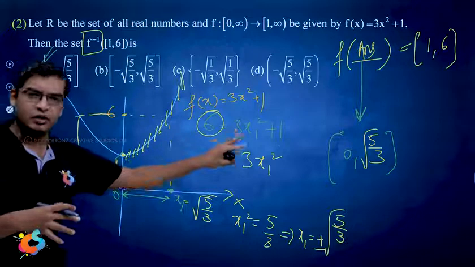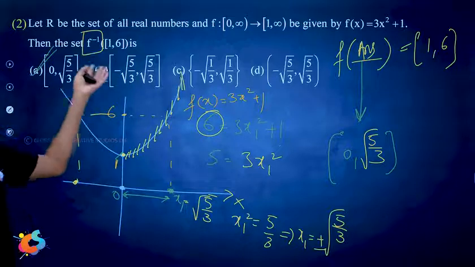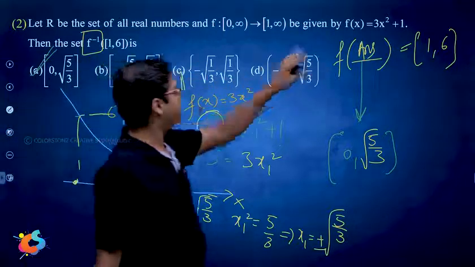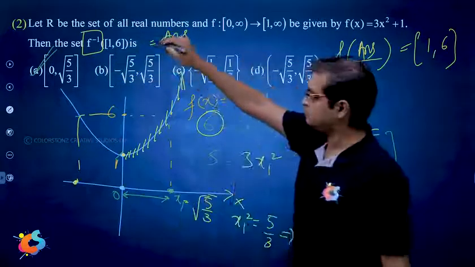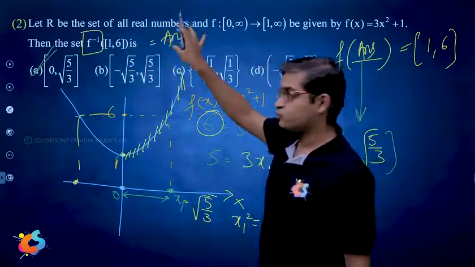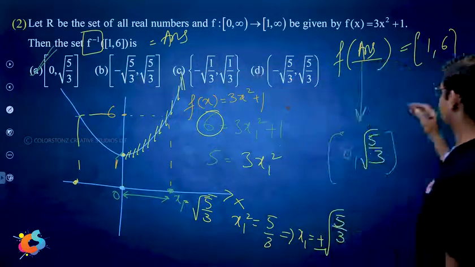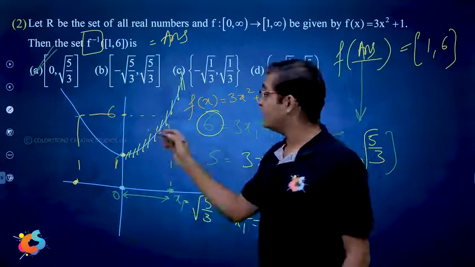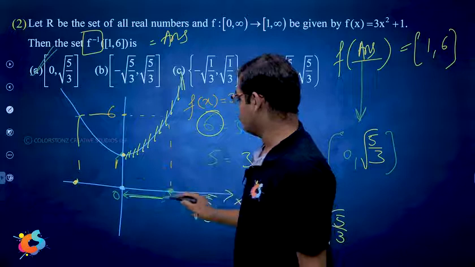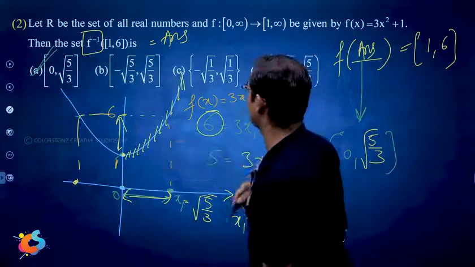So I'll just give you a brief how to do it after this, but without finding F inverse also we did it. So whatever is this answer, these are the output values. So F inverse is mapping these values to these values. F will map these values to these values. So that's it. You know the graph, and from the graph, you know the input values. You found out the input values for which output values are from 1 to 6.